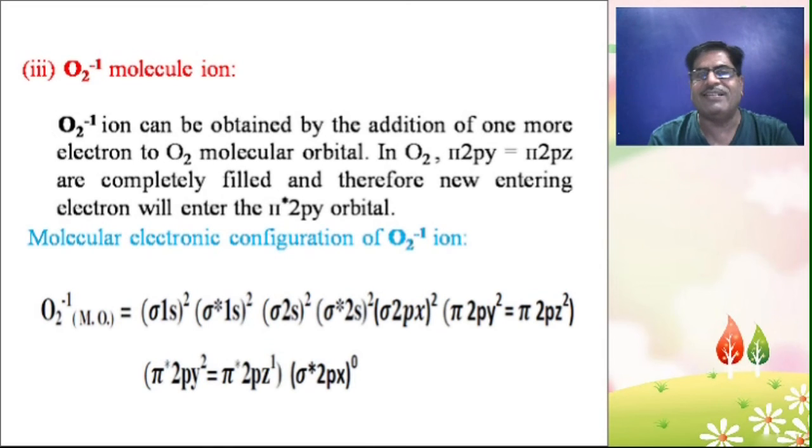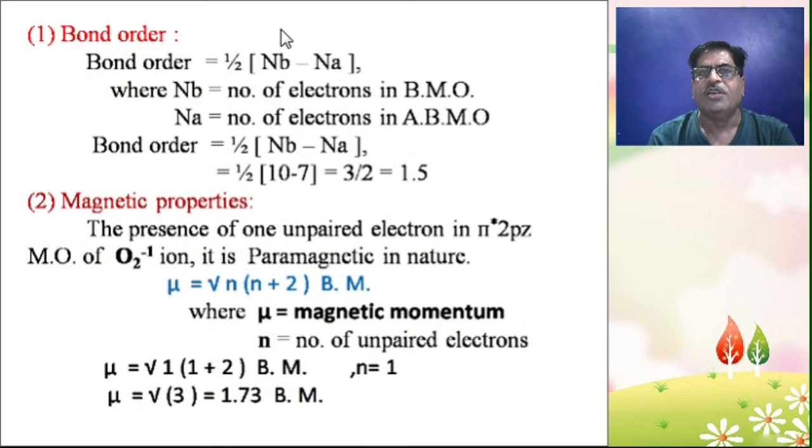So now let's see the bond order. The number of electrons in BMO is 10 and the number of electrons in ABMO is 7. So 10 minus 7 is 3, by 2. Here the bond order is 1.5. What is the magnetic property?